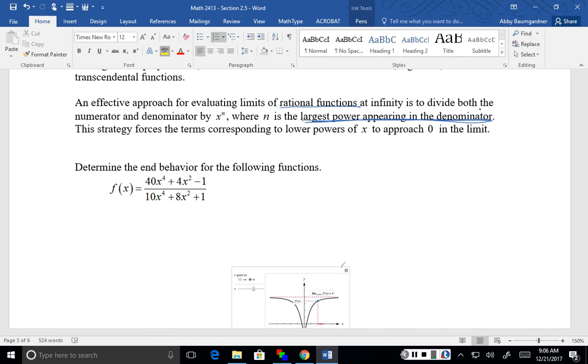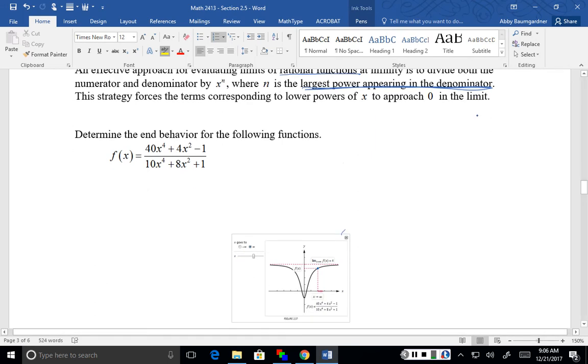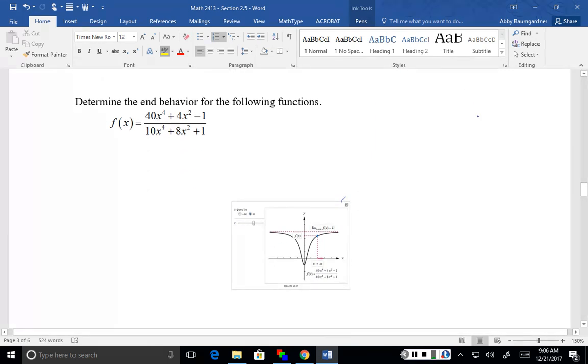A lot of students get annoyed by it because there are a lot of steps to show without a whole lot of benefit until you get to the very end. So a lot of students really get grumpy about this. You have to show all the steps.